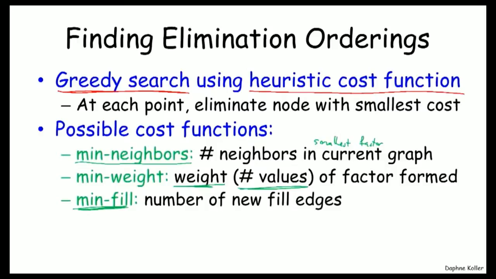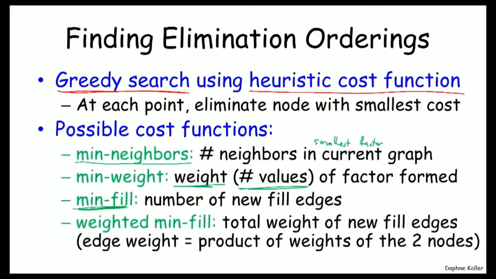So here, basically, I'm counting added complexity above and beyond the complexity that I would have had from the edges that I previously generated. And finally, you have a weighted version of the fill heuristic that takes into account not just the number of edges, but also how heavy they are. That is, what's the domain size of the variables that they connect. And it turns out that min-fill, which is actually quite often used in practice, is a pretty good heuristic.